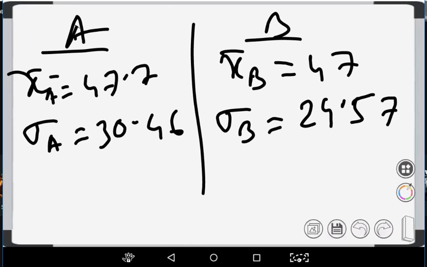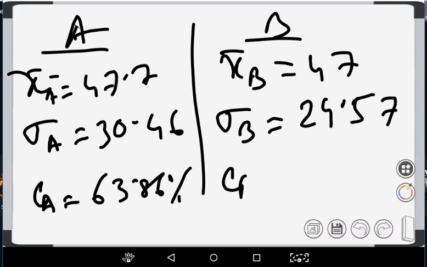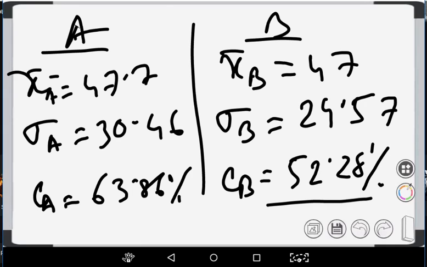According to the formula for coefficient of variation, the first one is 63.86%, and the coefficient of variation for B is 52.28%. So for B the coefficient of variation is less.